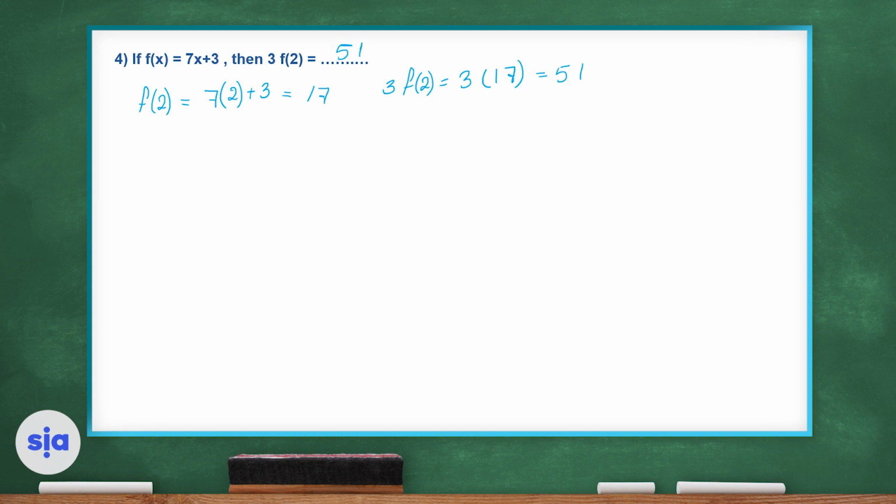Question 5: if f of x equals x plus 4, then what's 2 times f of 3 over 3 times f of 2? In this case, you can do 2 multiplied by 3 plus 4, over 3 multiplied by f of 2, where you replace the x by 2.